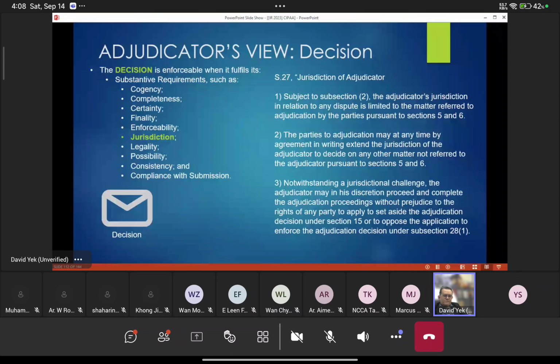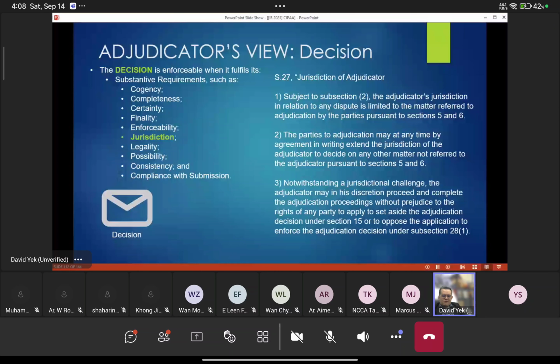Okay, and usually when an adjudicator is confronted with the fact that his jurisdiction is being challenged, he will usually say this, subject otherwise to all the challenges under section 15, I have the right to continue with this adjudication.